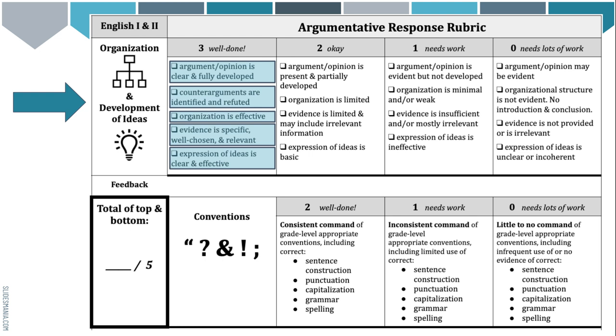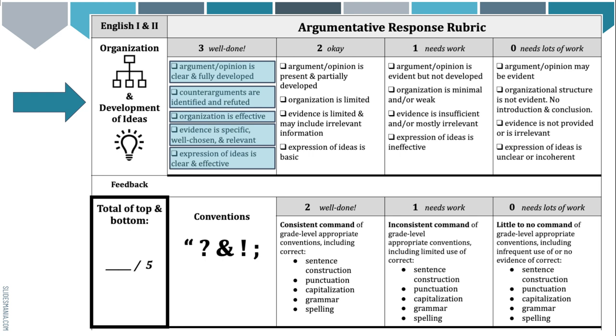Notice in the other point columns, the 5 areas of argument, counterarguments, organization, evidence, and expression of ideas are partially developed, not developed, limited, minimal, not evident, insufficient, irrelevant, or ineffective.